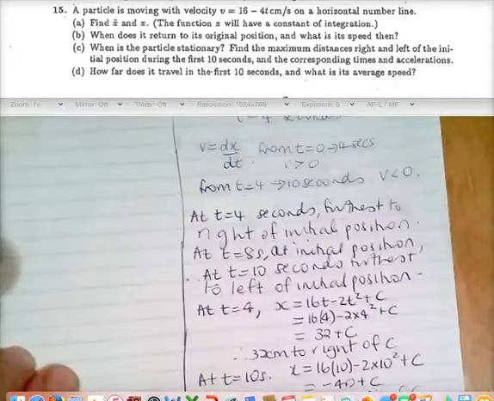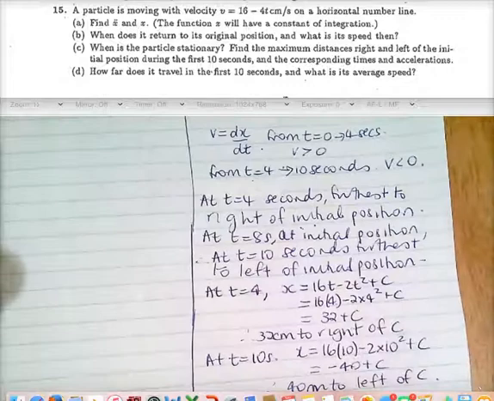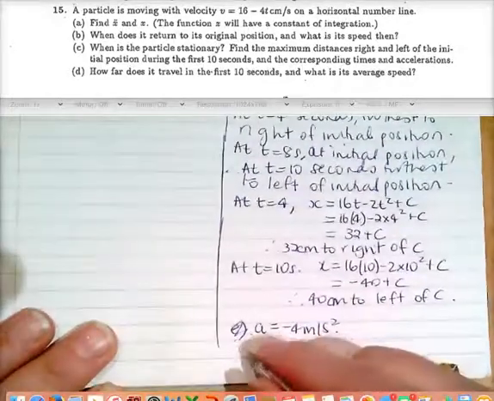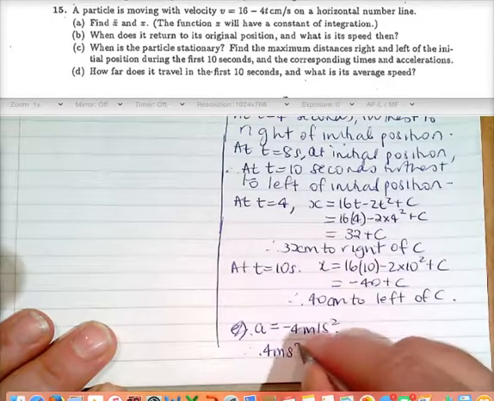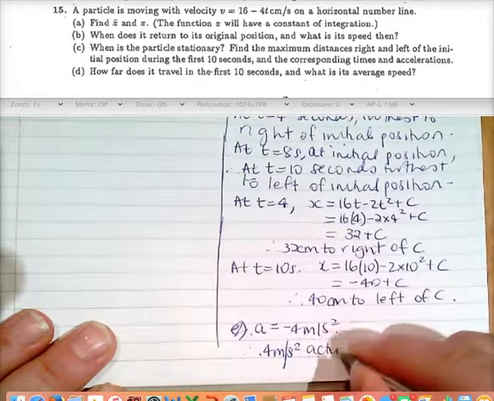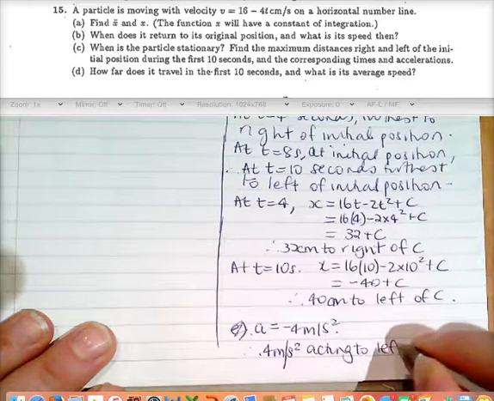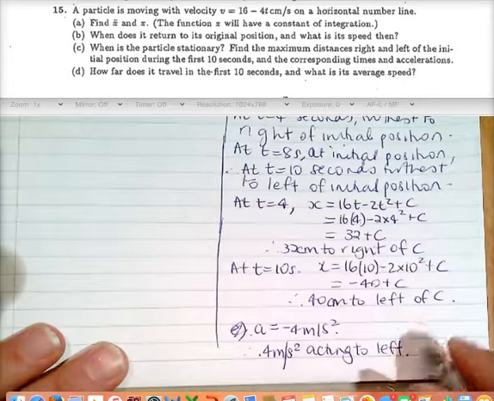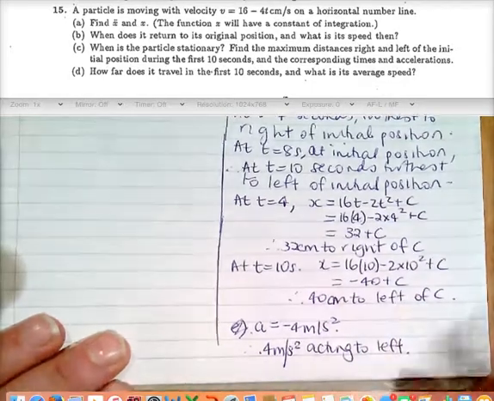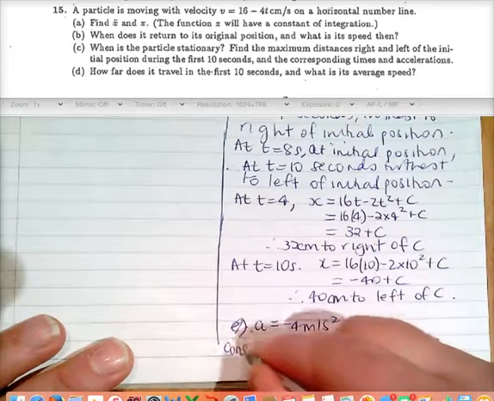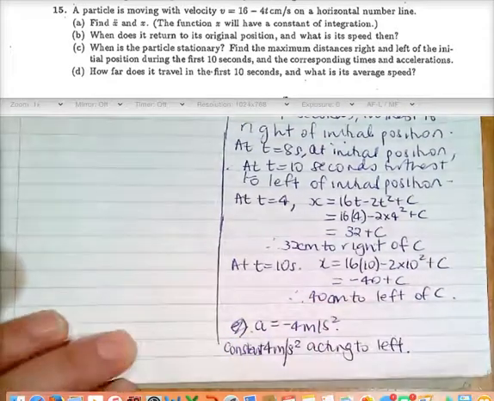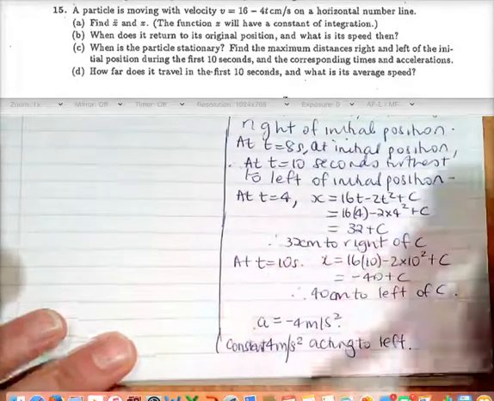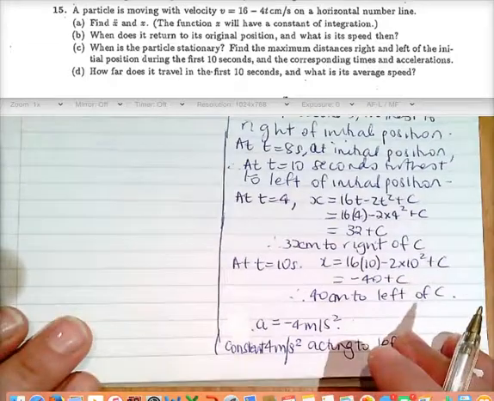So therefore acceleration is negative 4 meters per second, which means it's 4 meters per second acting always to the left, or in the opposite direction of the initial position. So it's a constant 4 meters per second acting to the left at all times. Okay, so that's part C.